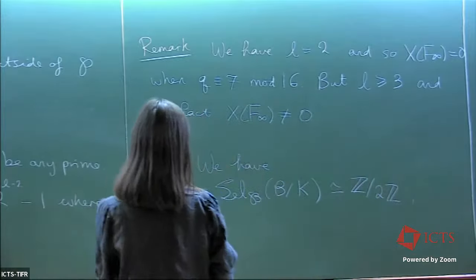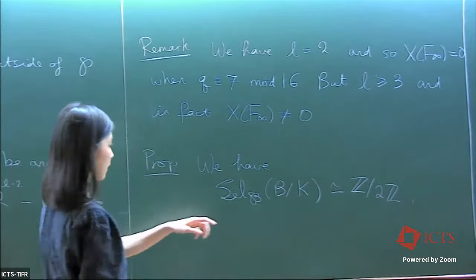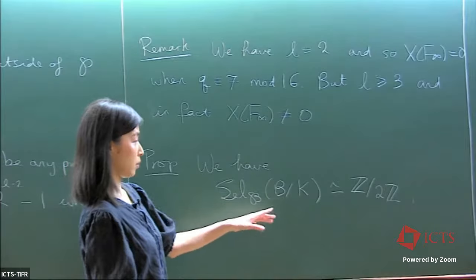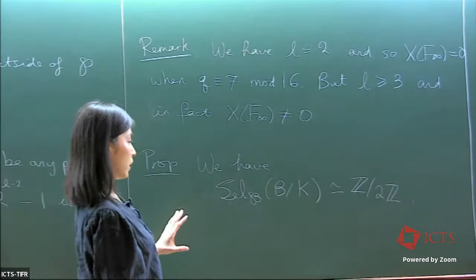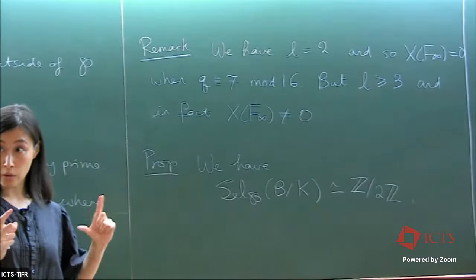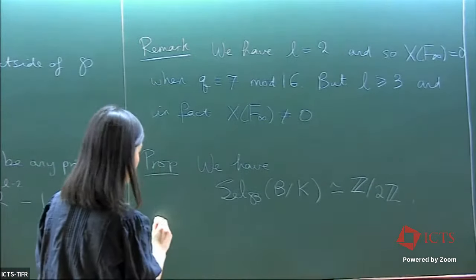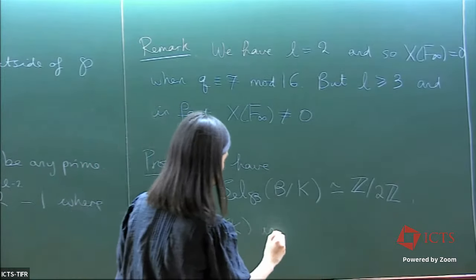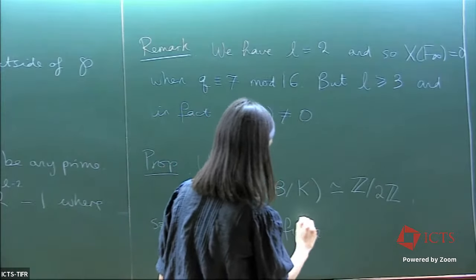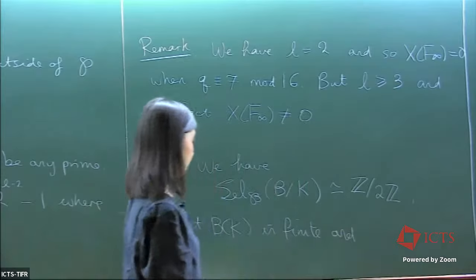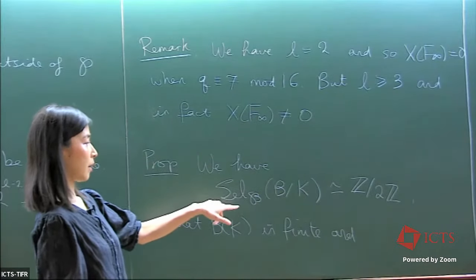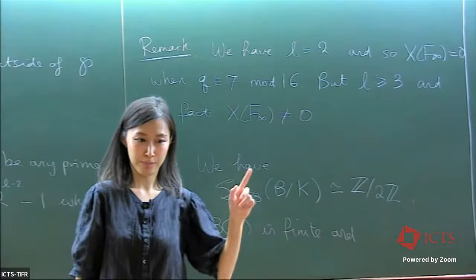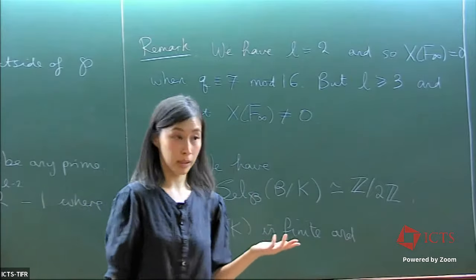So in particular, we know that B has torsion of order 2 over K. So the Mordell-Weil group of B over K should be finite. And this tells us that the frac capital P part of the Tate-Shafarevich group of B over K is finite. So its frac capital P primary part should also be finite.